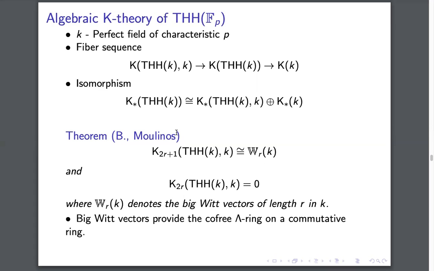Thank you. Yeah. So these are the rings where you have some lift of the Frobenius map for each prime. So instead of having a Frobenius map, you have a lift of the Frobenius maps for each prime.